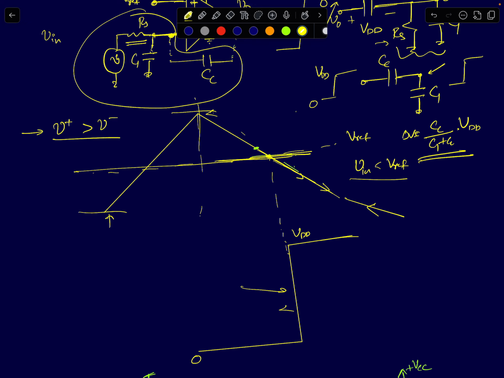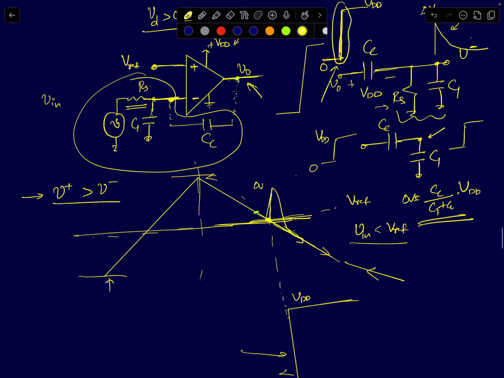Now what's happening to V minus is that because your output is suddenly jumping from 0 to VDD, your node voltage V minus is seeing a sudden jump in the voltage by some delta V units. And then the resistor will slowly discharge it, and it will go down to 0.